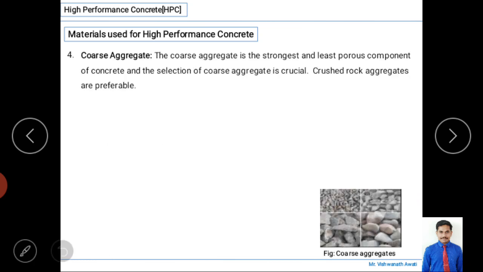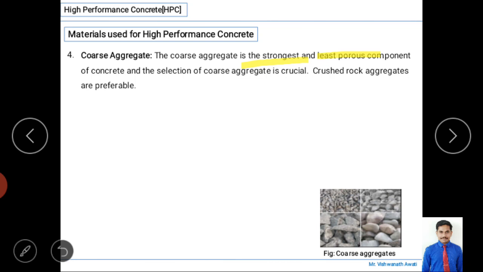Coarse aggregate is also very important. If you see, the coarse aggregate is the strongest and least porous component of concrete, and the selection of coarse aggregate is crucial. Crushed rock aggregate is preferable.